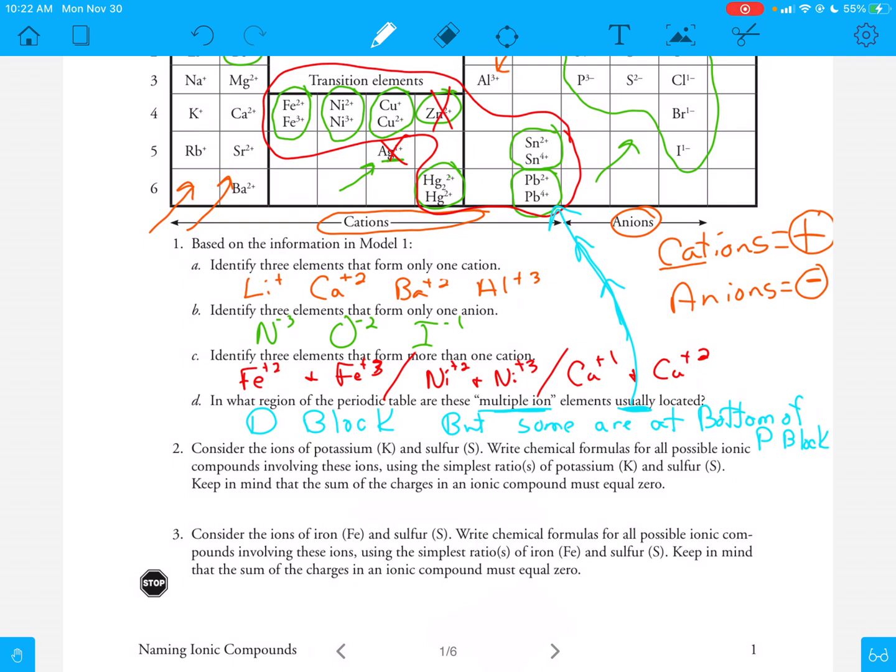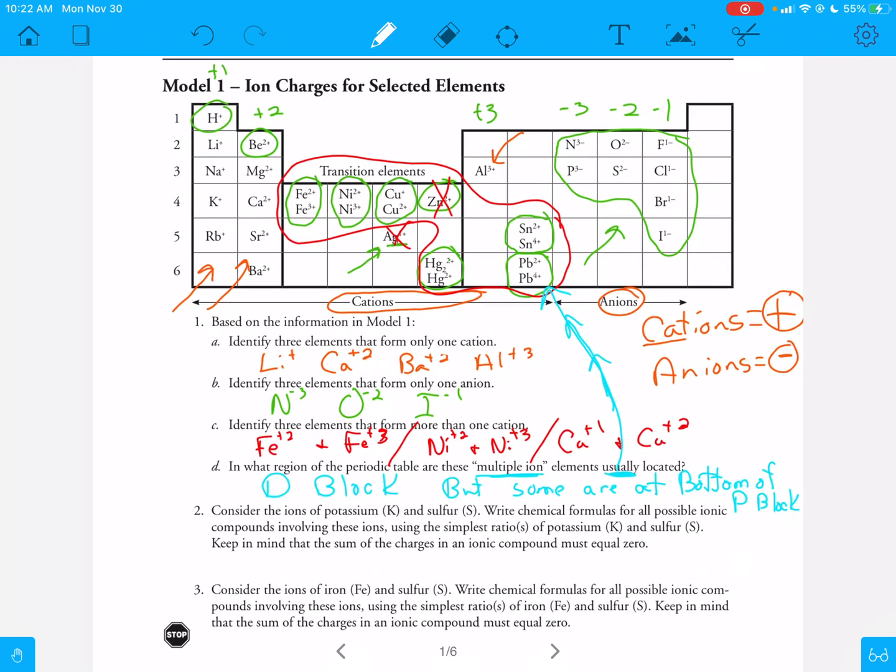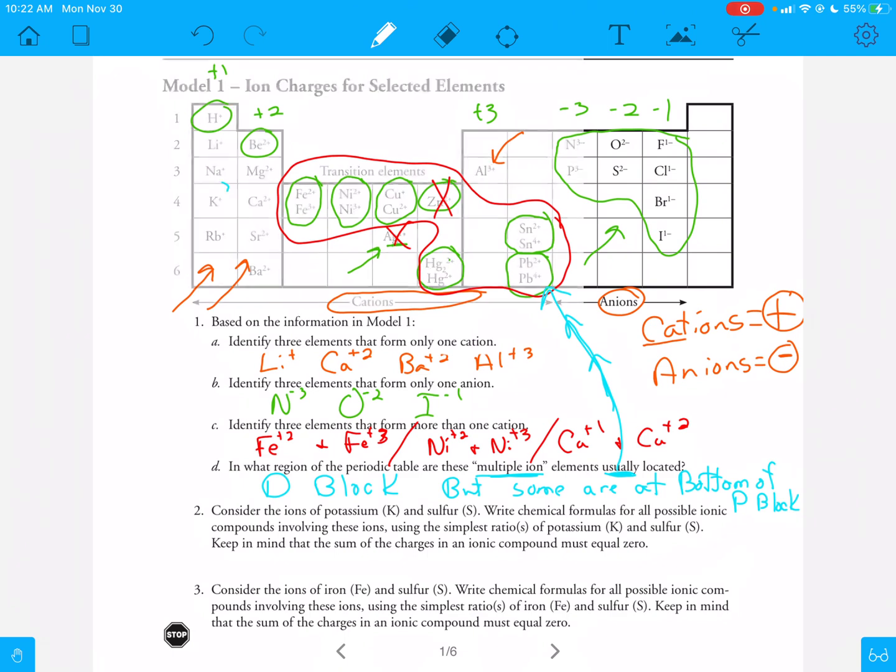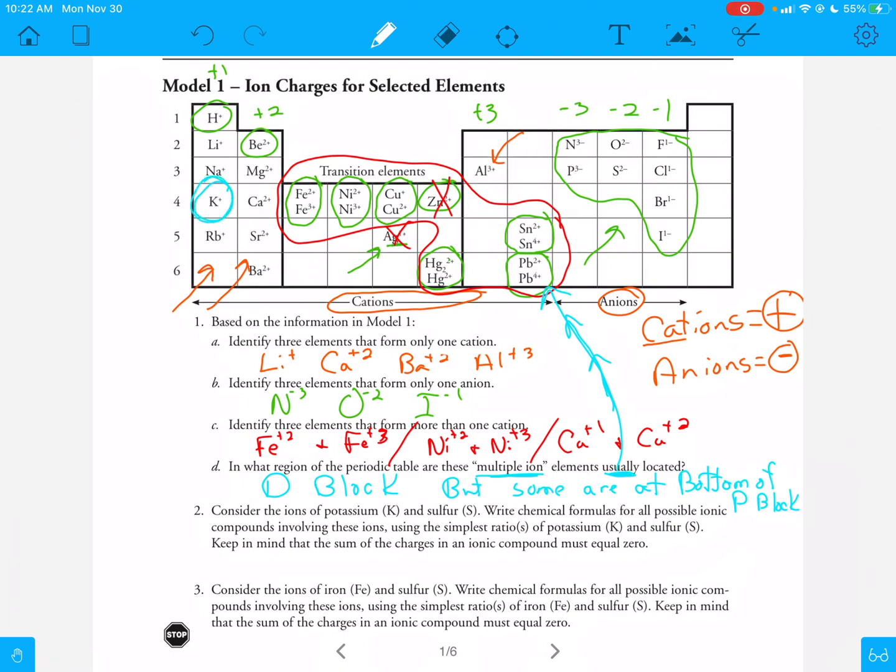So number 2, it says consider the ions of potassium, K, and sulfur, S. Write the chemical formulas for all possible ionic compounds involving these ions using the simplest ratio. Well, let's see. Potassium is here and sulfur is here. So what is that going to look like? Well, that's going to be K with a +1 charge and sulfur with a -2 charge.